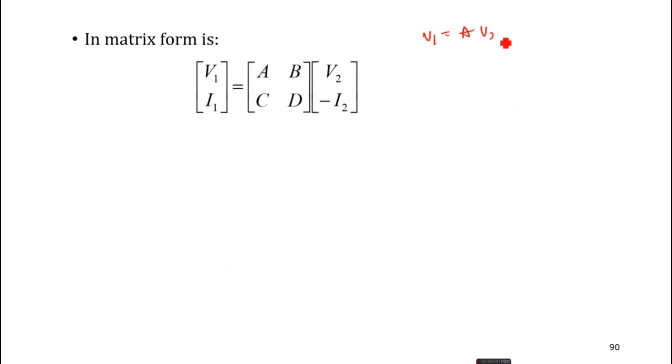V1 equals A into V2 minus B into I2. I1 equals C into V2 minus D into I2. So these two equations are represented in matrix form, with V1, I1, the matrix A, B, C, D, and variables V2 and minus I2. You should know the meaning of this minus sign in T parameters.